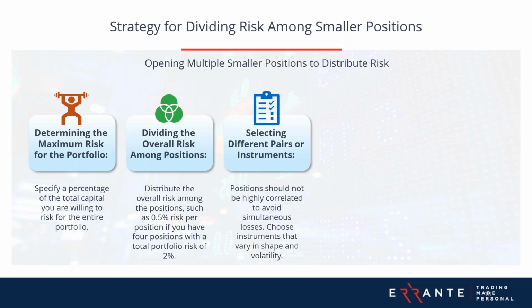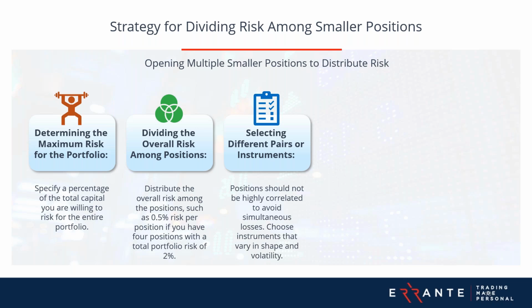Next step is that we need to consider the correlation between different instruments. If you have already opened a position in, for example, GBP USD, opening another position in USD CHF might expose us to similar market movements due to their positive correlation.